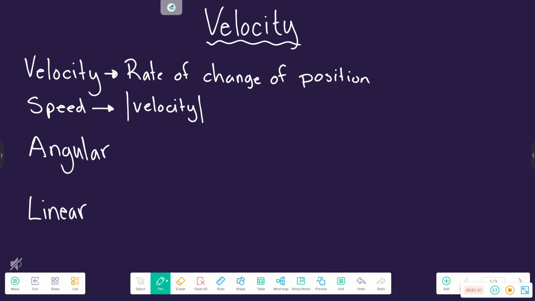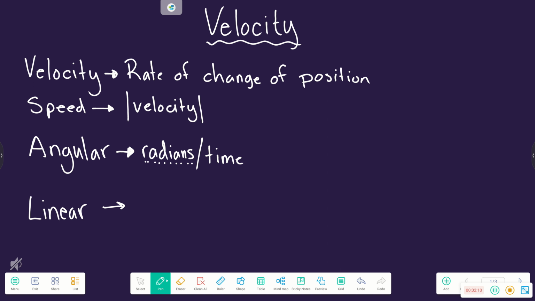Angular velocity is always calculated in radians per some amount of time. Now, the time unit does not matter. The important aspect is we do have the unit of radians when talking about angular velocity. Or I'm thinking of how many radians am I moving per unit of time.